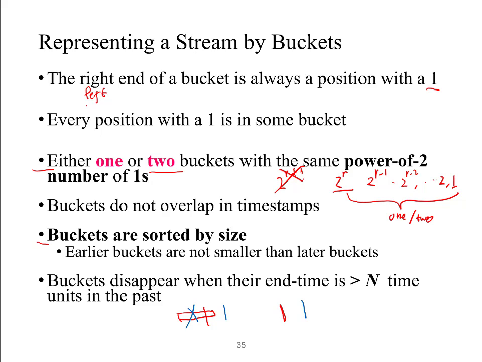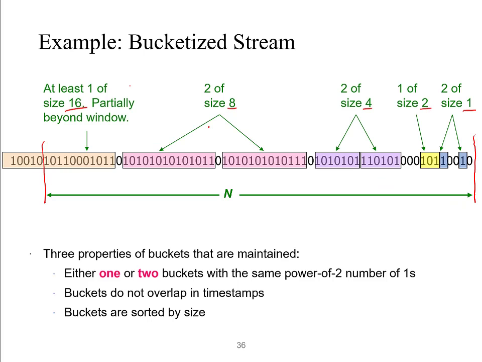Let's look at the previous slides and go through each and every rule. The right end of a bucket is always 1, and the left end is the same. So a bucket starts with a 1 and ends with a 1.